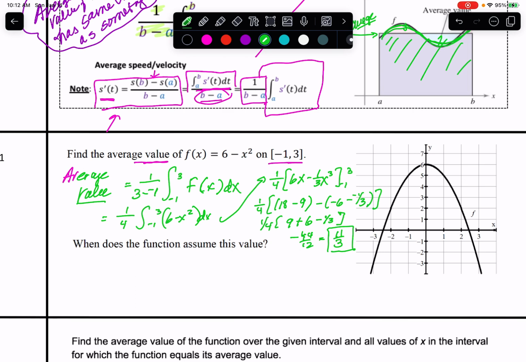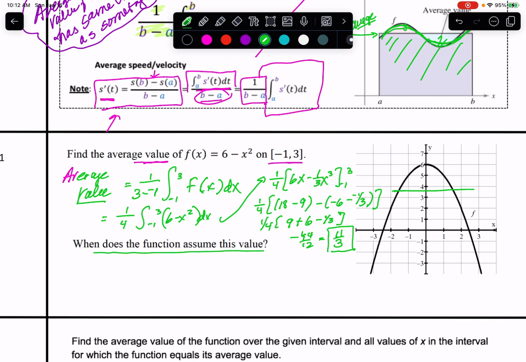So if we're looking at graphing this, 11/3 would be 3 2/3? So about here is going to be where your average value is. Okay? So then when does the function assume this value?